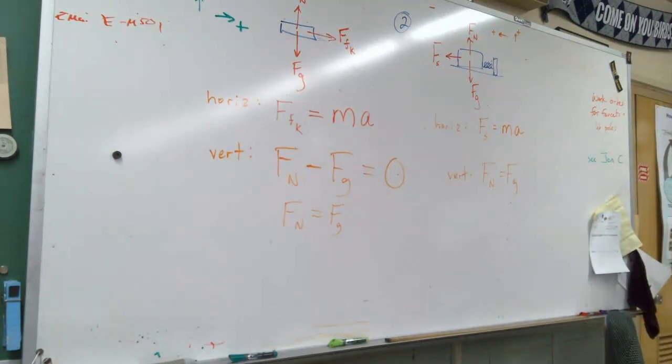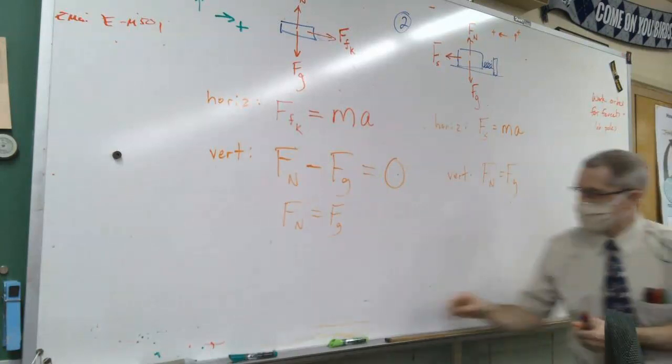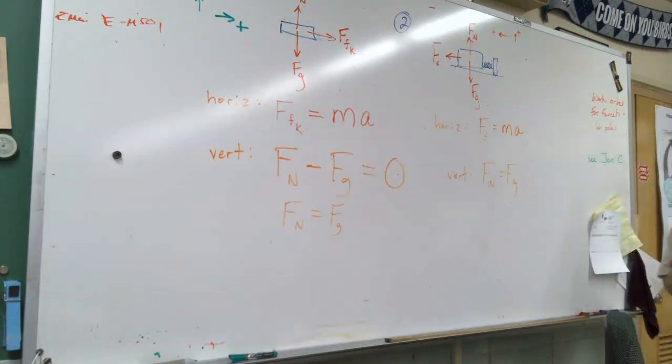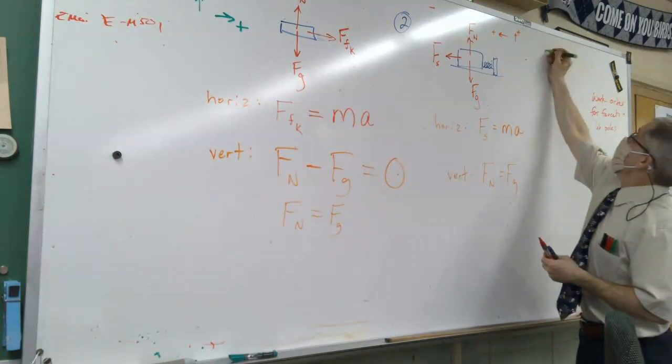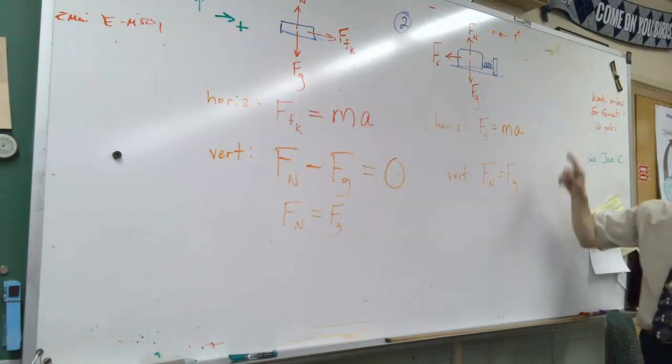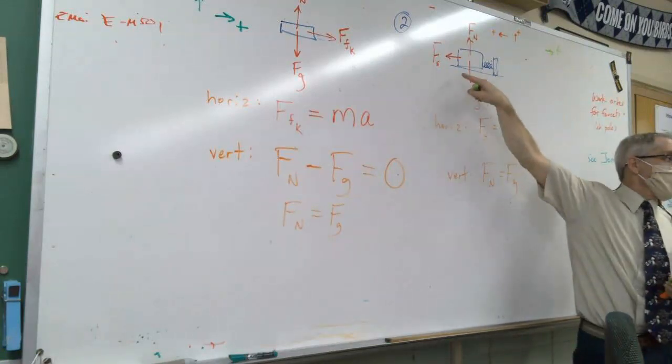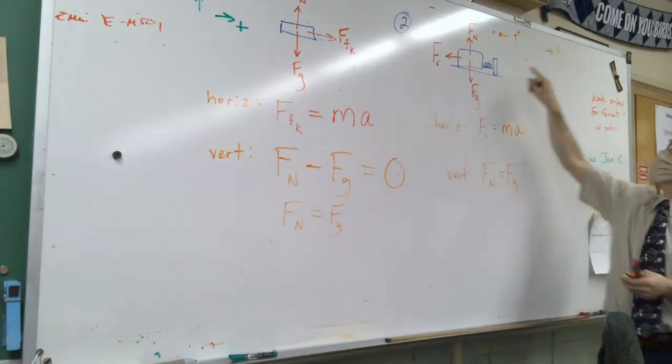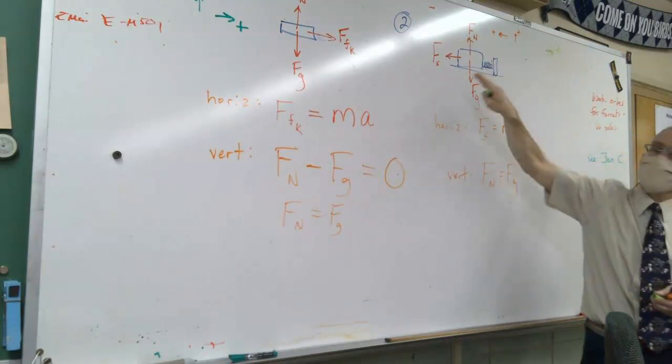Now, just as an alternative, I hate to even show this. Don't write this because it'll confuse you if you look at it later. If Wally wants to say, no, I want rightward to be positive, then you have to call the leftward force negative. Rightward is positive, so leftward is negative.